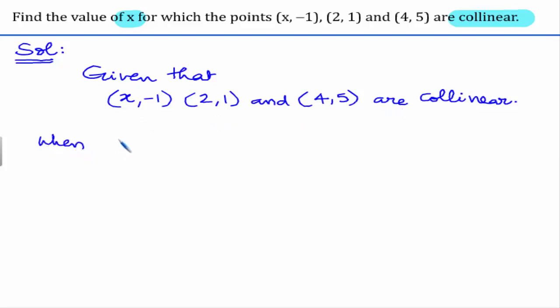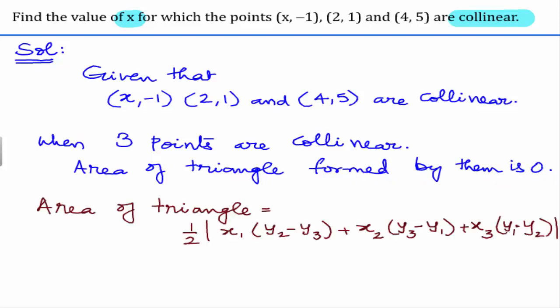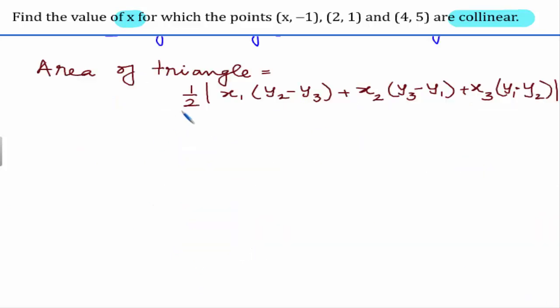When 3 points are collinear, then the area formed by them, or area of triangle formed by them, is 0. So let us consider the area of triangle formula which you have learnt in previous classes, which is half modulus x1 into (y2 minus y3) plus x2 into (y3 minus y1) plus x3 into (y1 minus y2).